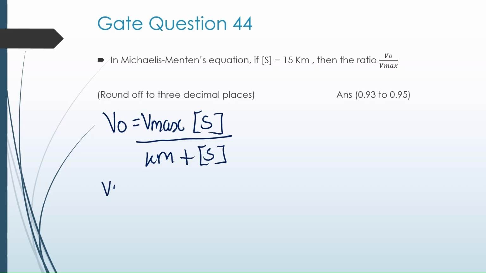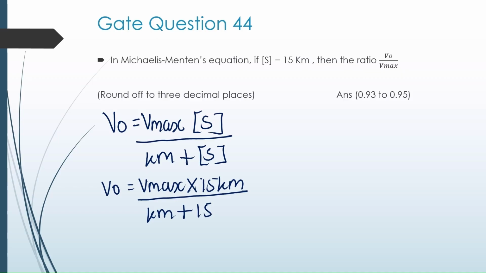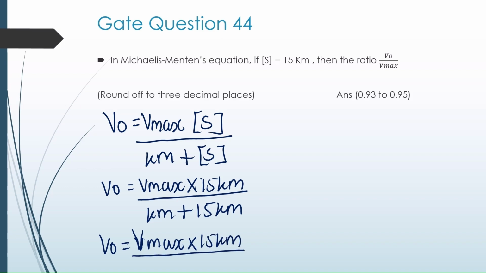So V0 is equal to Vmax, substituting substrate concentration, multiplied by 15 Km divided by Km plus 15 Km. So V0 is equal to Vmax multiplied by 15 Km divided by 1 Km plus 15 Km, that is 16 Km.